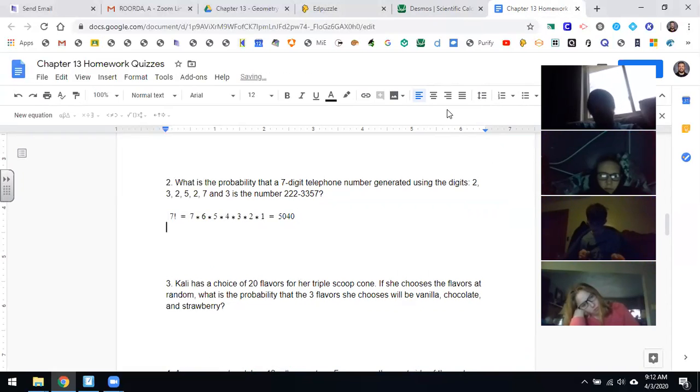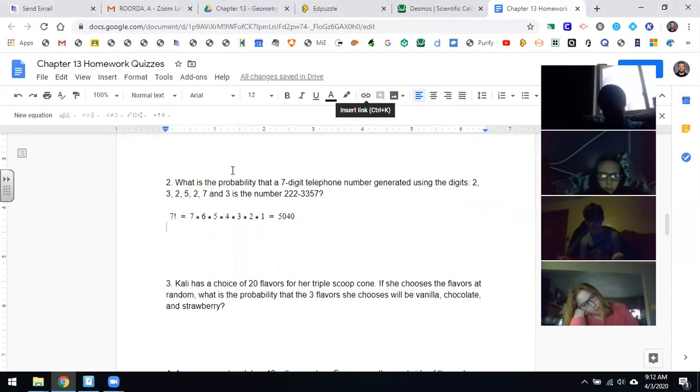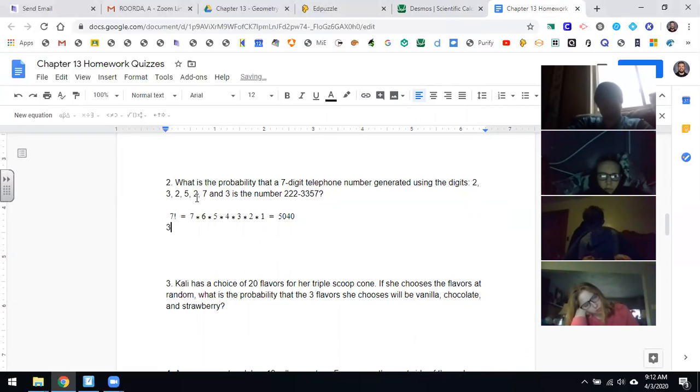And I'm going to divide that by, every time I have a repeat, its factorial. So how many 2's do I have? I have 1, 2, 3 2's. So I'm going to divide that by 3 factorial, times, and then how many 3's do I have? I have 2 of those, so 2 factorial. And then I have a 5 and a 7, which would be 1 factorial each. And in case you're wondering, 1 factorial is actually just 1.